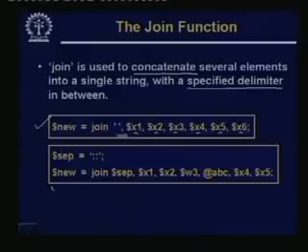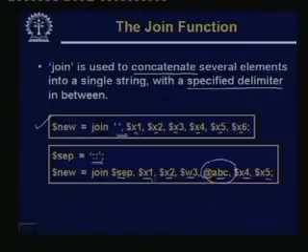The second example shows two things: that instead of a single character, the delimiter can be any character string containing multiple characters. For example, here a double colon is my delimiter. Here I have asked to join several different items, and the point to note is that one of the items is an array.